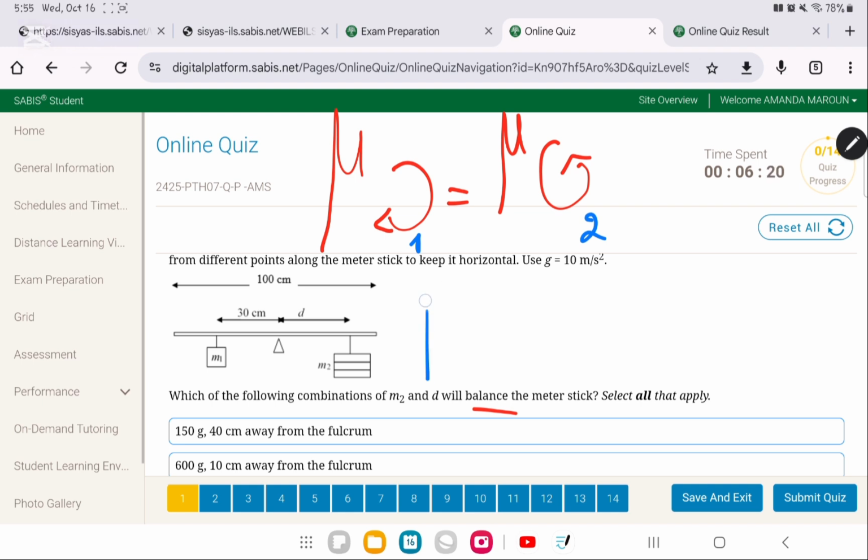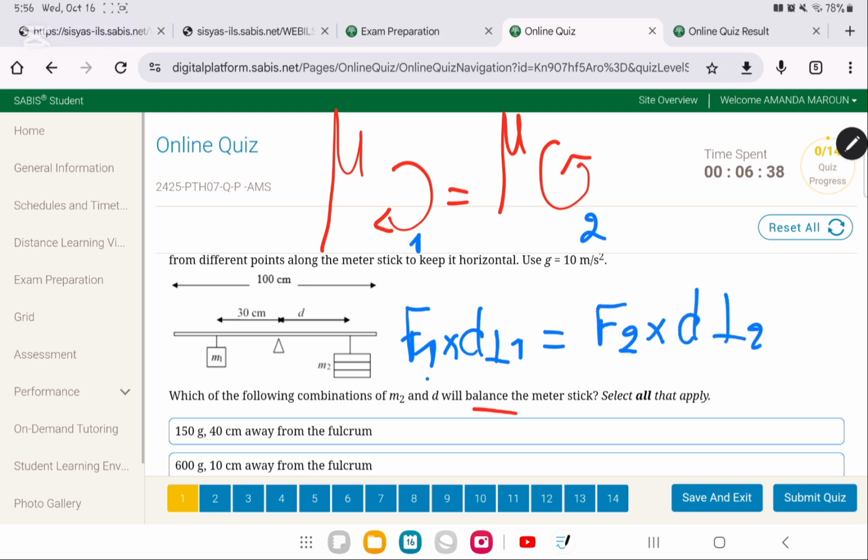We know that moment is equal to force times distance. So moment 1 is equal to force 1 times perpendicular distance 1, which is equal to moment 2, which is force 2 times perpendicular distance 2.